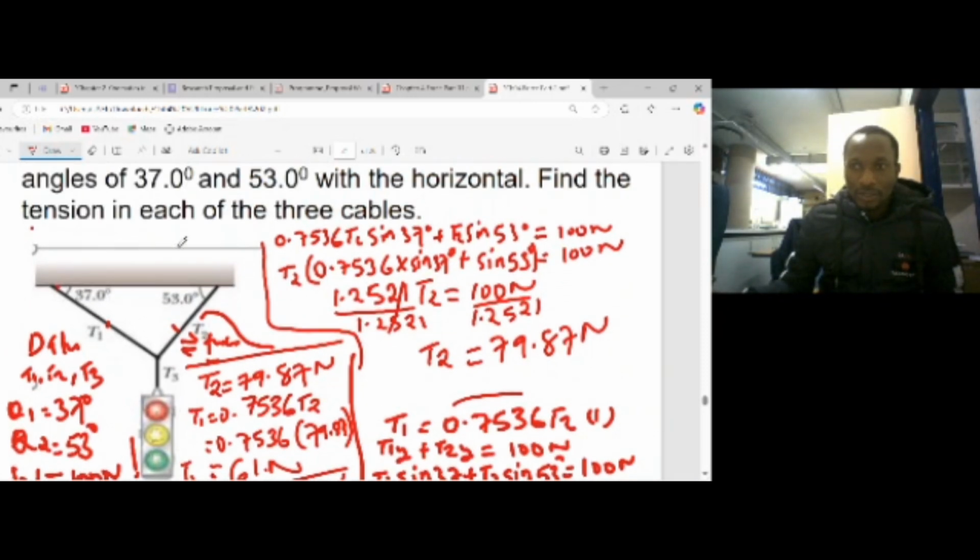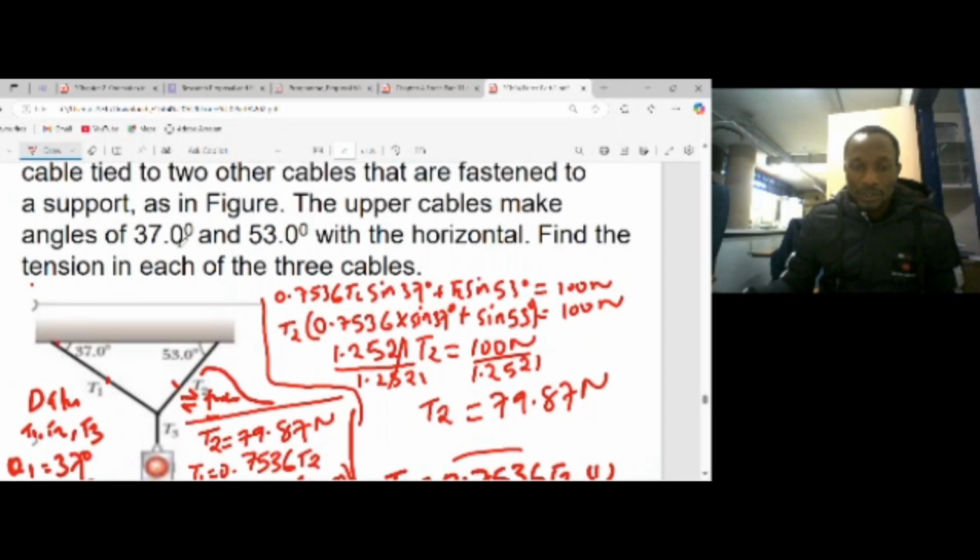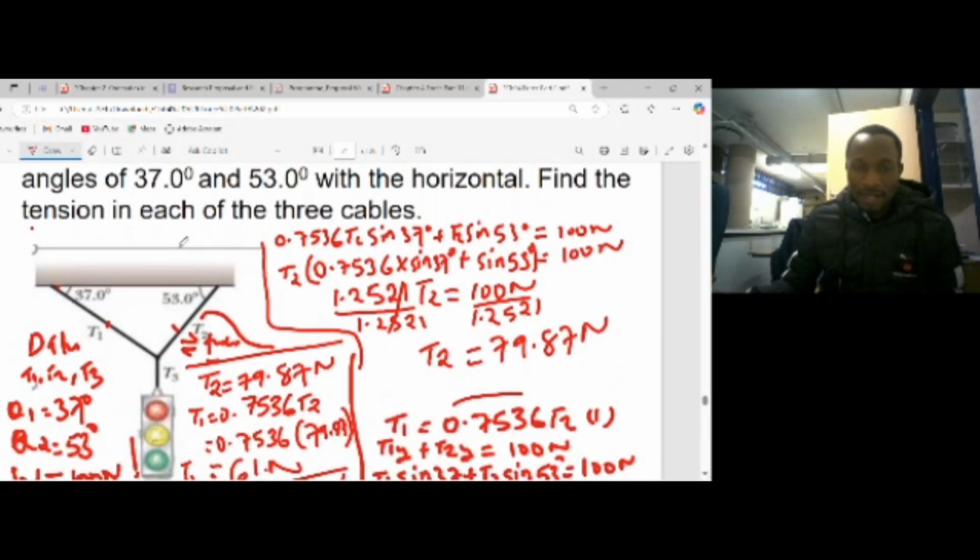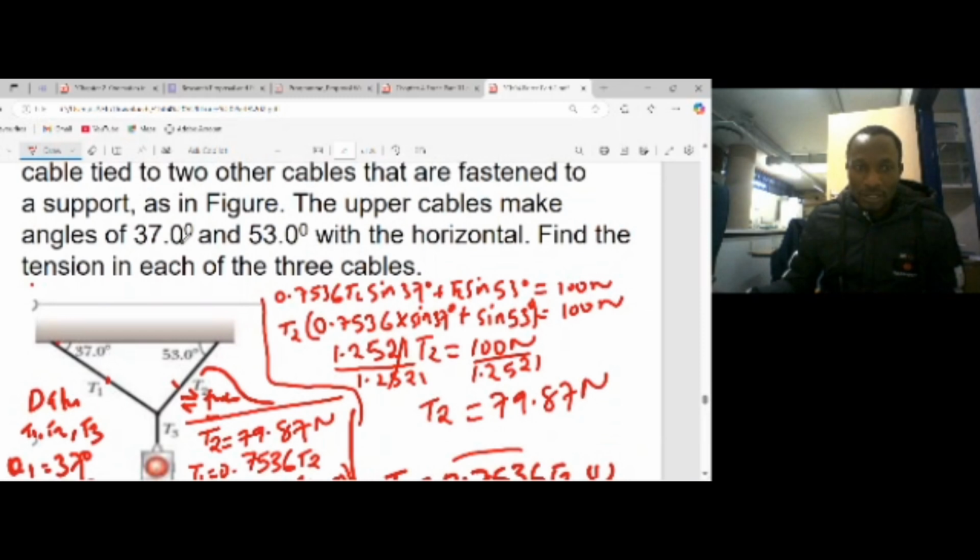So the first thing you need to do, this question needs you to look at the components of each and every tension on the cable and how each tension contributes to the weight of 100 Newton. So the first thing you need to do is to write the components of each tension based on the theta they make with the surface. So you write both the x components and the y components, and then the second thing you need to do is to check the forces which are at equilibrium.